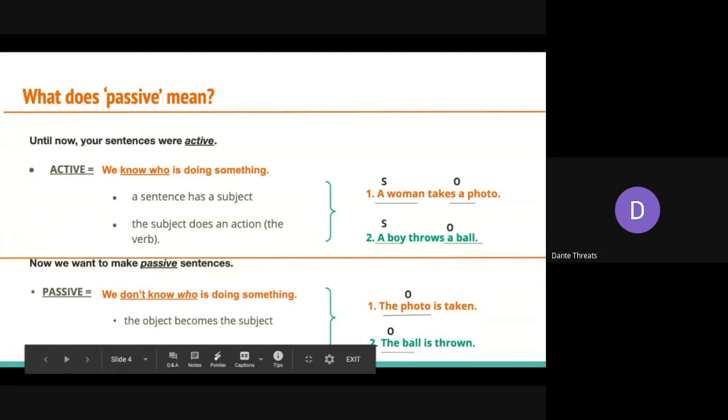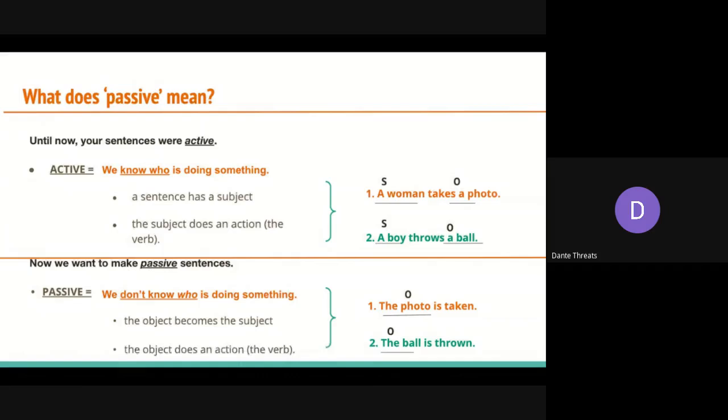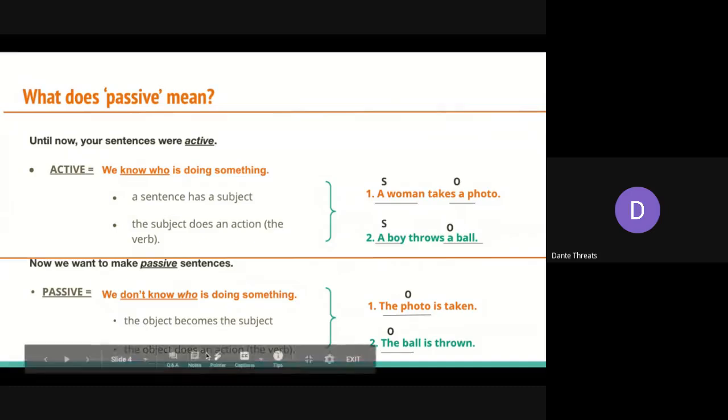The photo is taken, all right? The object is the photo and is taken, right? So the object becomes the subject, and then the object does an action, all right?